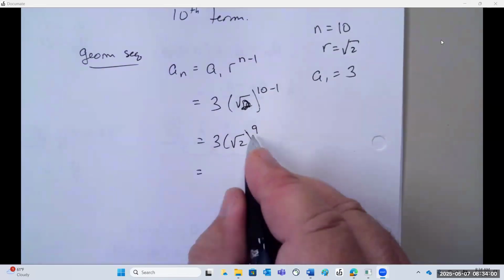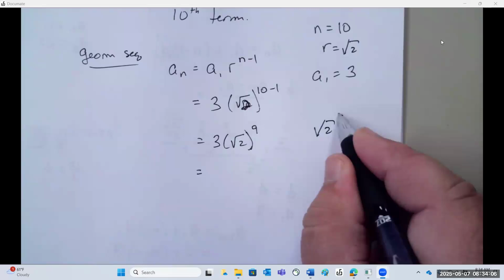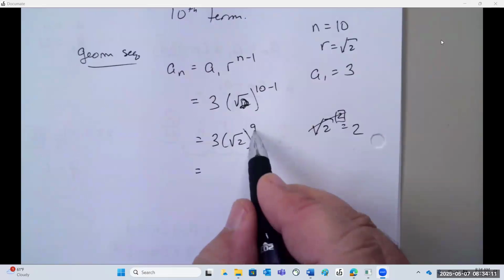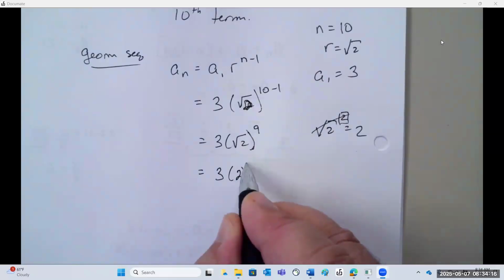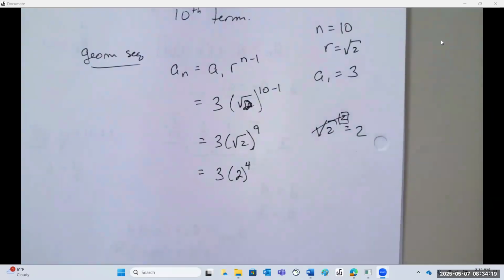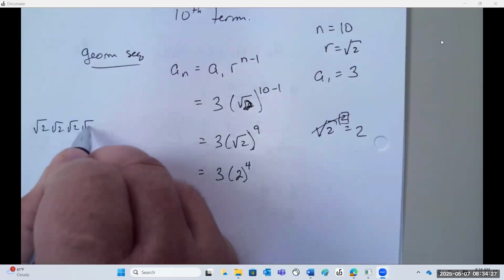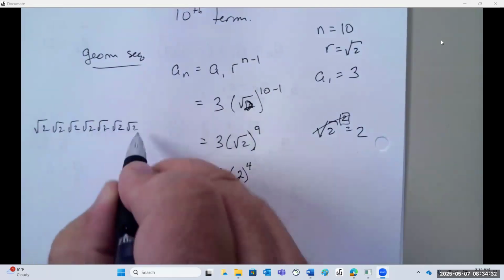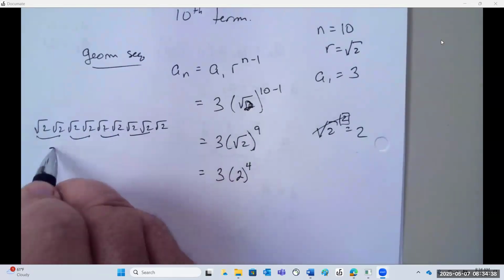And we can go further with this, but to get rid of the square root, we need even powers. We know there are 4 pairs of those. Because if we had 9 square roots of 2, every pair of those becomes a 2.